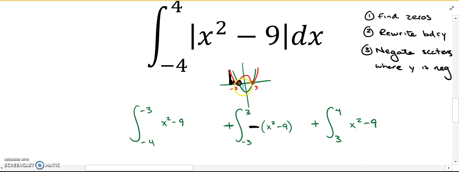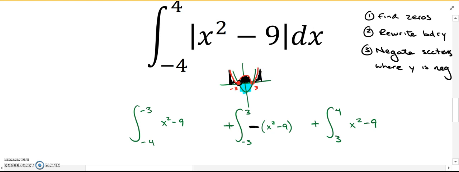It was supposed to be down here on the original graph, but that absolute value makes it so it has to flip up and everything is on the positive side. It only does that in between the space from negative 3 to positive 3. Once I get to positive 3 again, I'm back to normal.